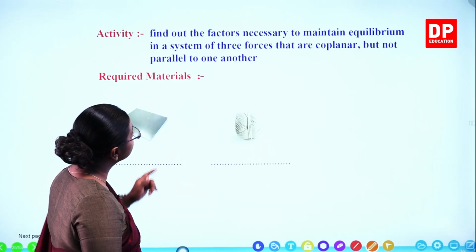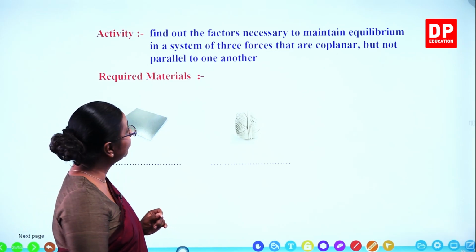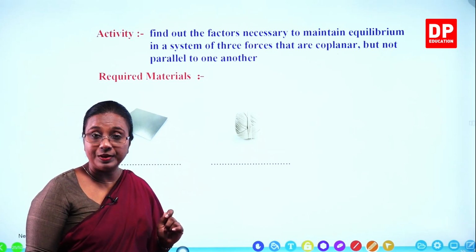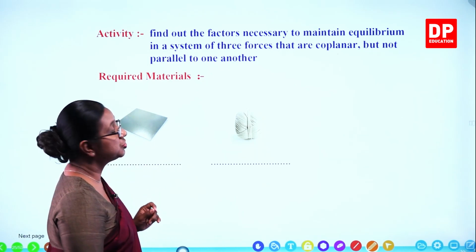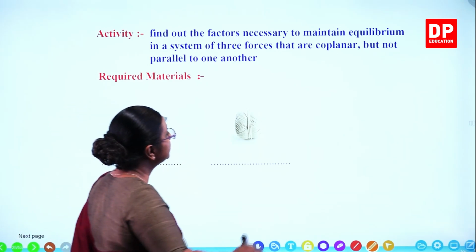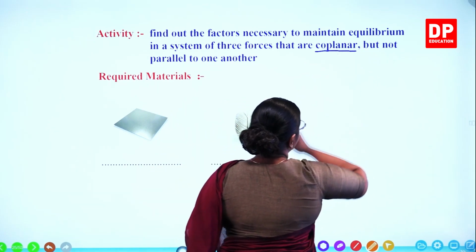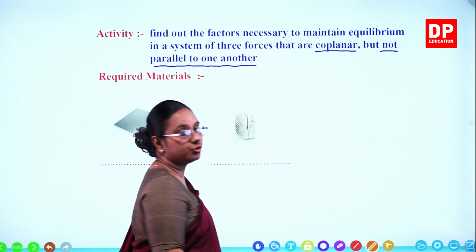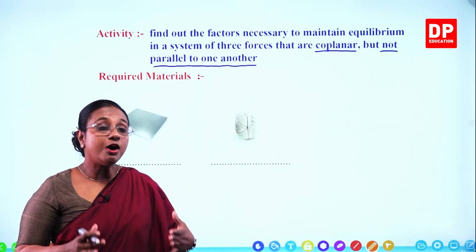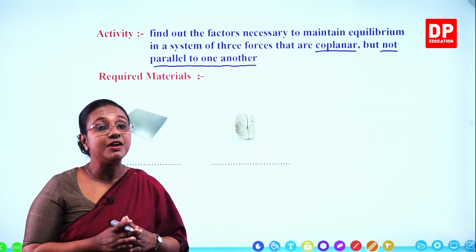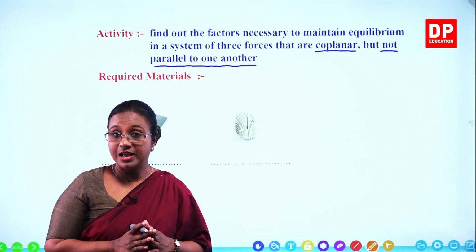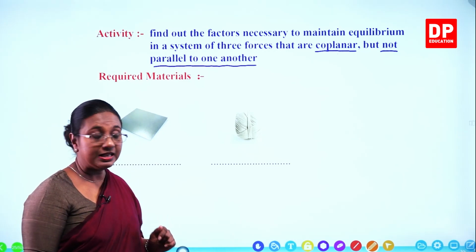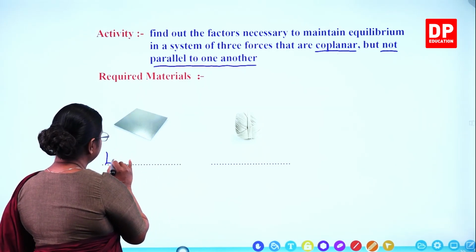Find out the factors necessary to maintain equilibrium in a system of three forces that are coplanar but not parallel to one another. So, two conditions are given to you. The forces are coplanar and they are not parallel to one another. So, how do they reach or achieve equilibrium? That is what we are trying to find out. So, for that we need the following materials. We need a lamina.